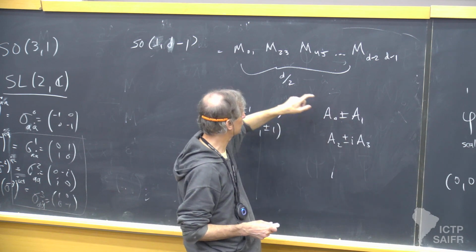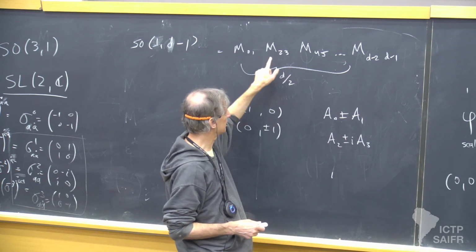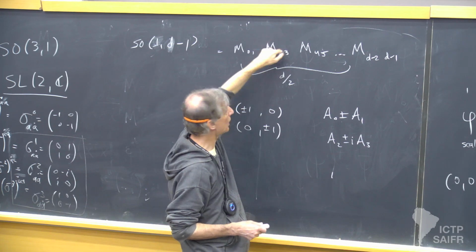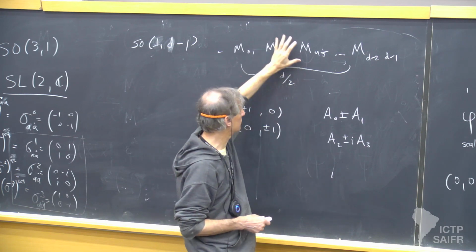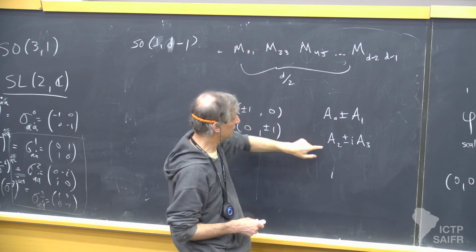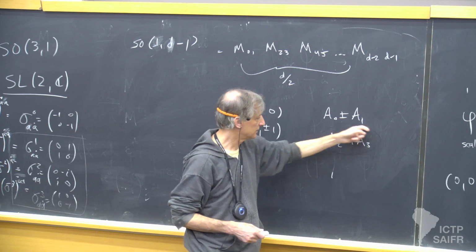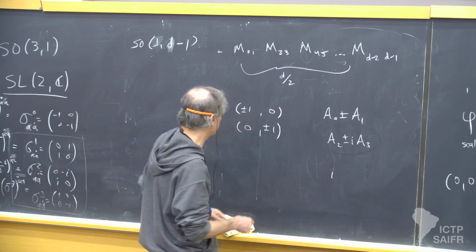These will not transform if I do a rotation, for example, in the YZ direction. They won't transform under this, but they will transform under that. Whereas these, if I do a rotation in the 2, 3 direction, will rotate. So they will have these charges.